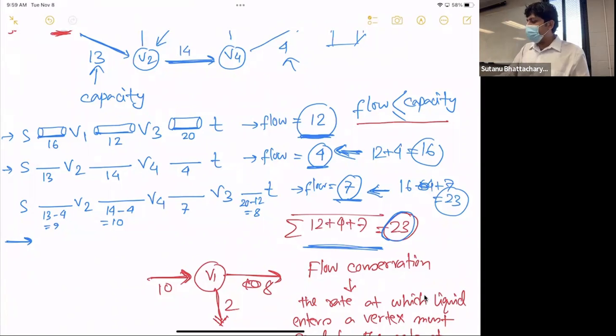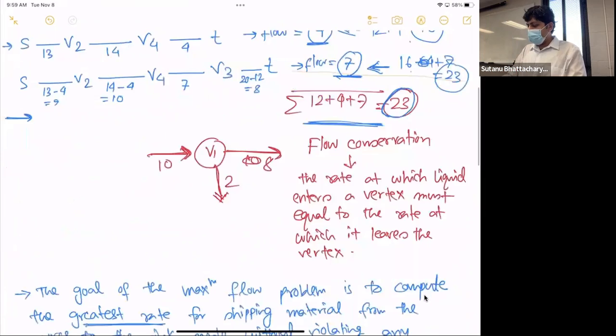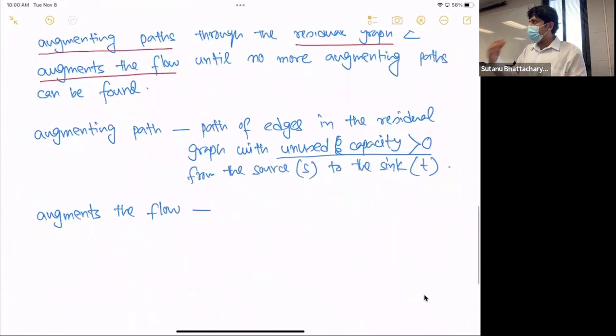Initially maximum flow is 12. Then you find path 2, your maximum flow becomes 16. You find path 3, then you update the max flow to 16 plus 7, 23. So augmenting the flow means you will update the max flow after discovering an augmenting path.